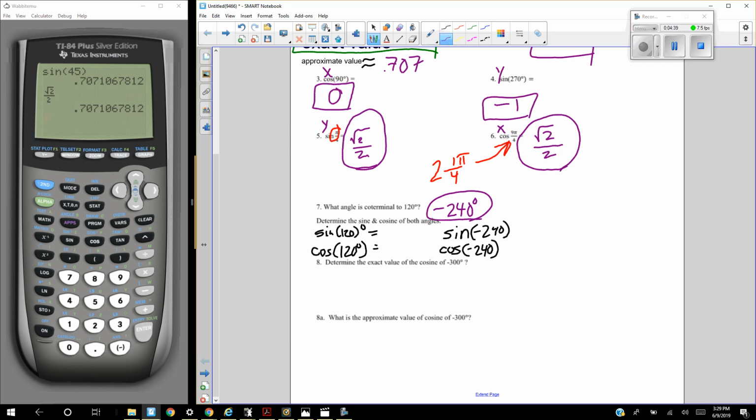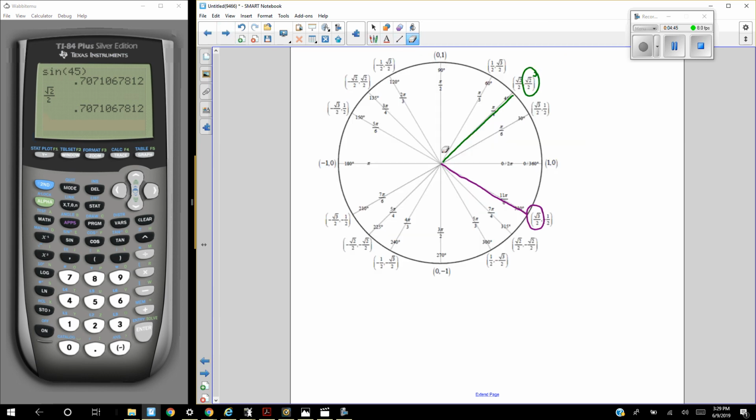So let's start with -240, since -240 technically isn't on the unit circle. But if you get a negative angle measure, you're going to use the angle that it's coterminal to. So -240 would be -180 plus an additional 60 degrees.